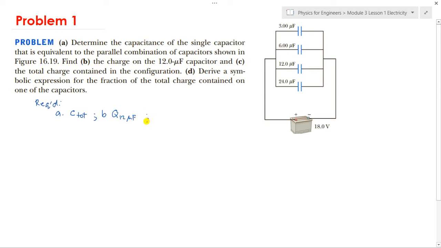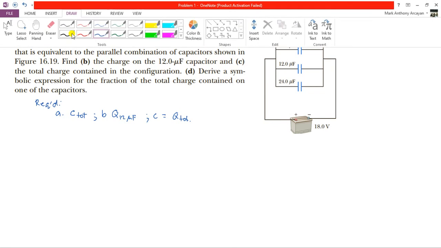Third, the total charge contained in the configuration, that is Q total. Fourth, derive a symbolic expression for the fraction of the total charge contained on one of the capacitors. You can just call them A, B, and C. Anyway, they are follow-up questions.